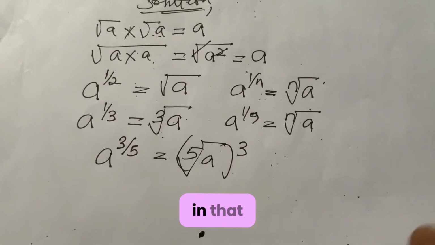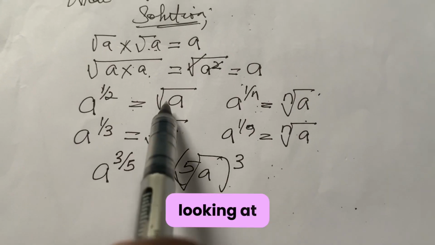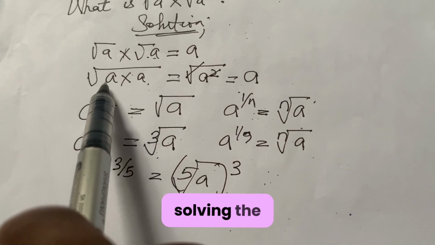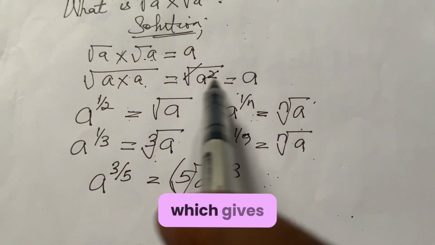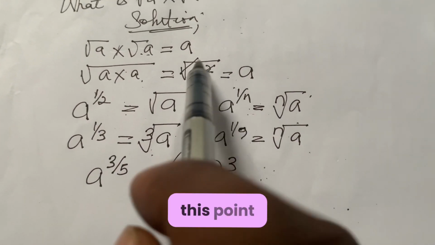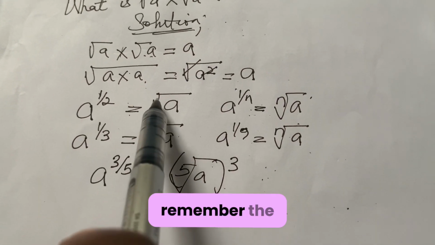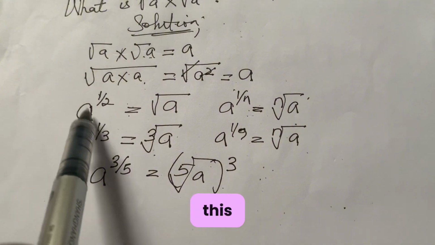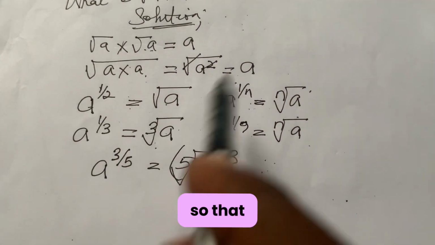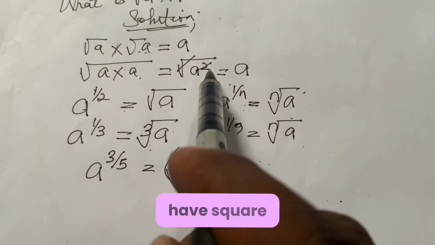All right, so in that manner, looking at this problem we are solving, the square root of a times the square root of a, which gives us a. Coming from this point of view, how this gives a, let's go back to this point. Remember, the square root of a, we said is the same thing as this, and this is the same thing as this. So that means from this point, remember we have a square here.